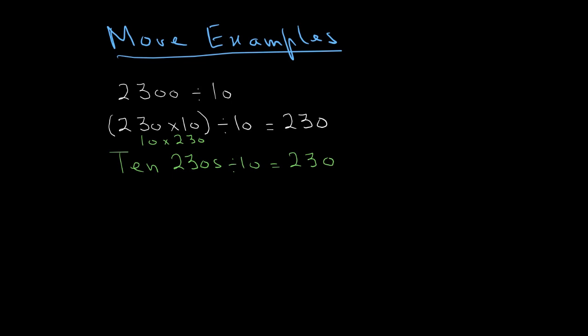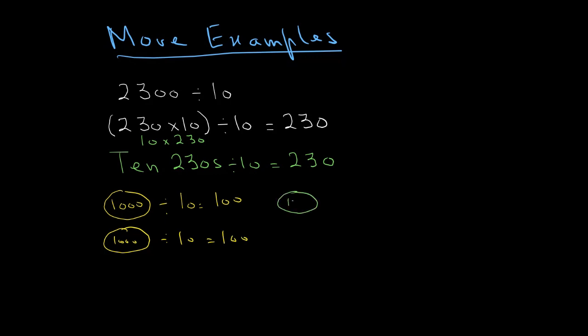There's another way that you can think about it, which is a bit more cumbersome, I feel, but you can certainly do it. You know that if you have 1,000 and you divide it by 10, you get 100. So if you have another 1,000 and you divide it by 10, you get 100. And if you have 100 and you divide it by 10, you get 10.